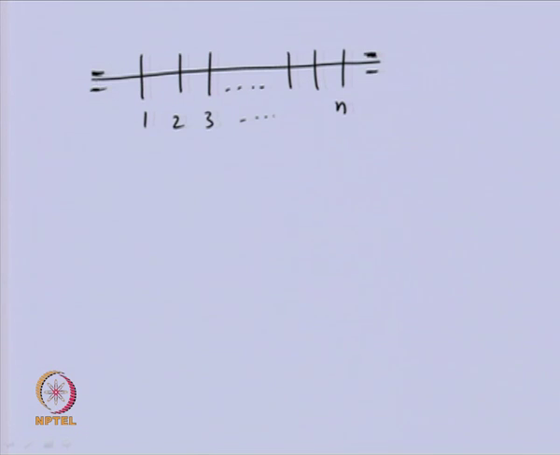Various stations we can assign. Let us say this is station 0, this is station 1, station 2, station 3 and so on. This is station n and this is station n plus 1. These are the various stations where we will relate the field variables.